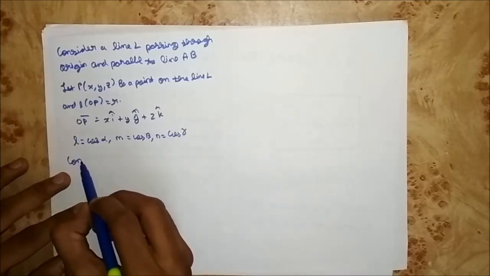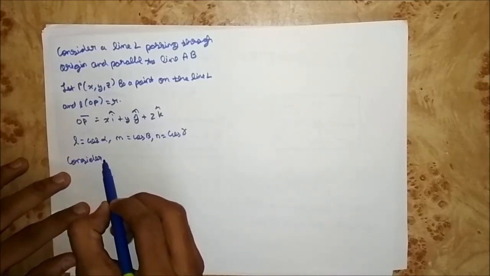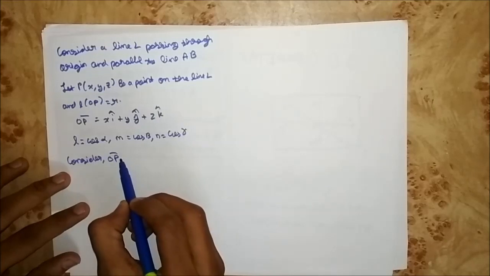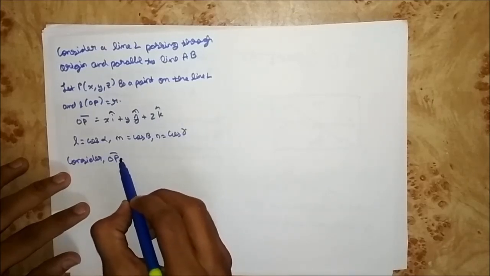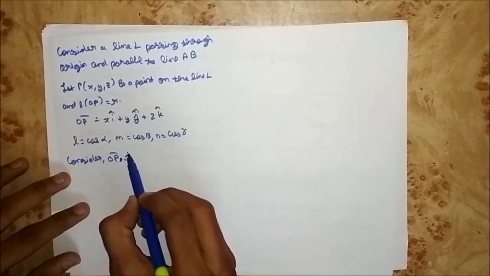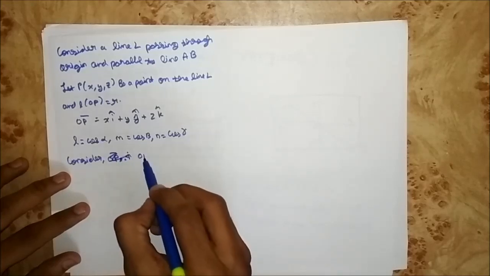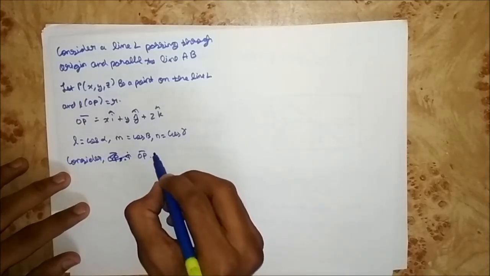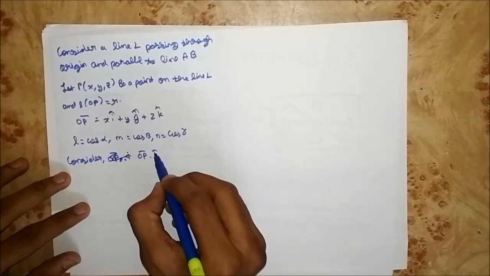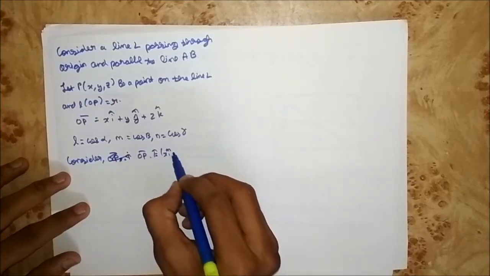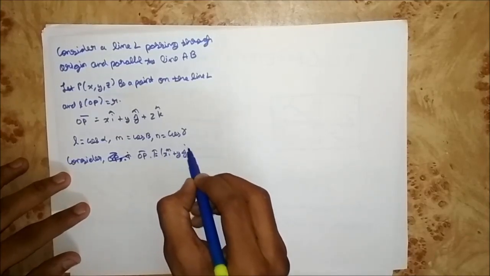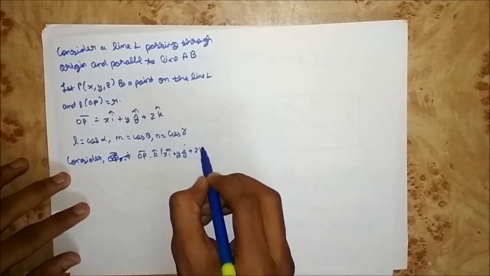Now consider the vector OP, which is xi plus yj plus zk.